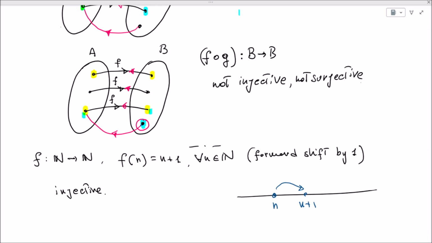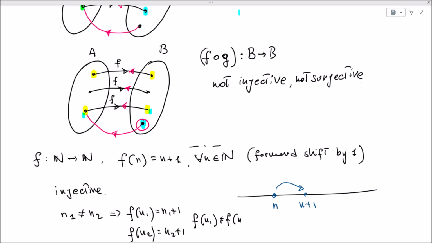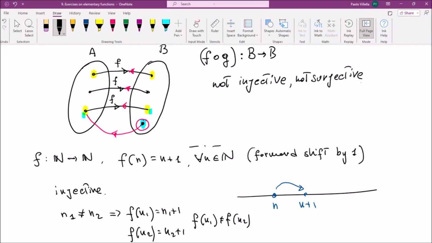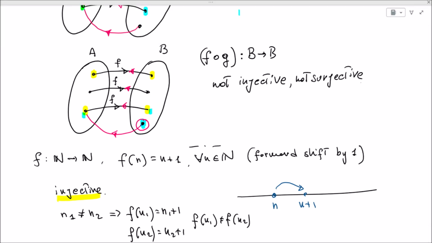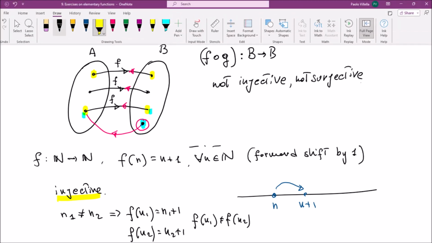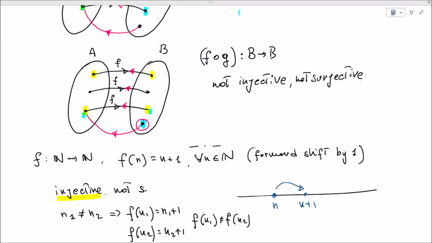Well, because if you pick two different numbers, so if we have n1 different from n2, what happens? f of n1 will be equal to n1 plus 1, f of n2 will be n2 plus 1, but they are different from each other. f of n1 is different from f of n2. So clearly this proves that the function is injective. However, this function is not surjective.